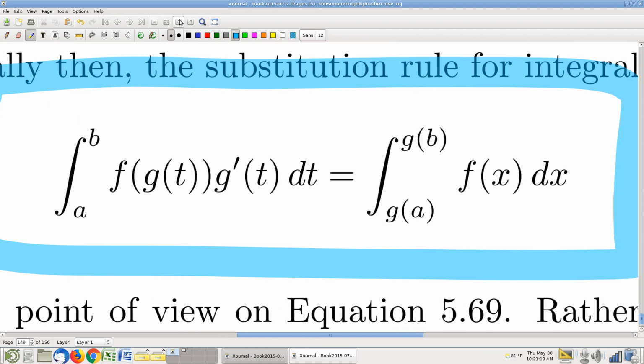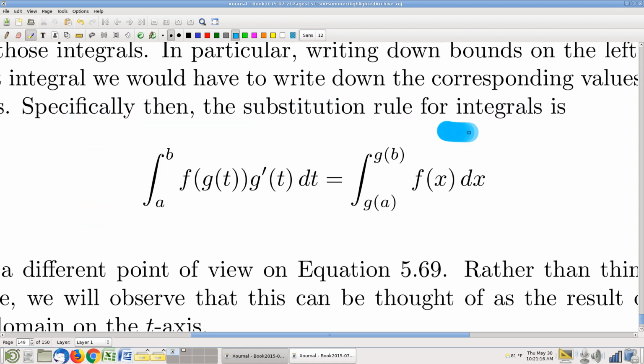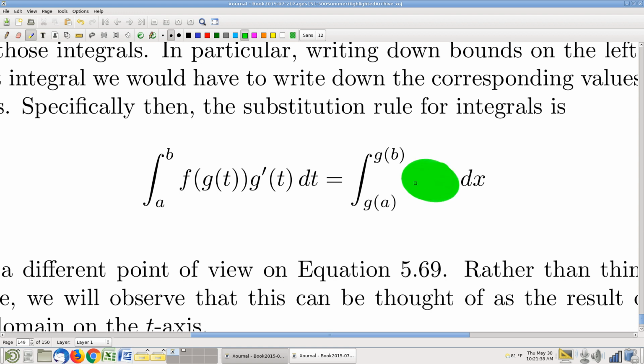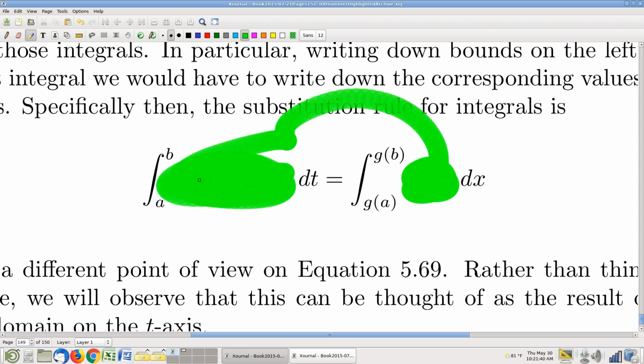So this formula here says, what's going on here? If you have an integral from a to b, then you can rewrite that as an integral from g of a to g of b. Now you got to be careful with that because you do have to note that this integrand is not the same as that integrand. These are conspicuously different.